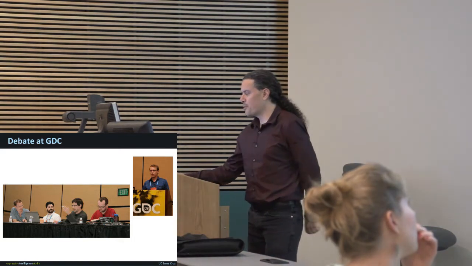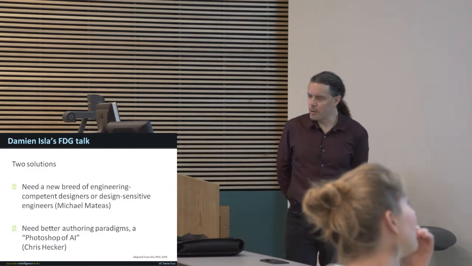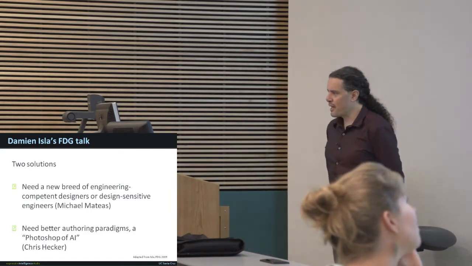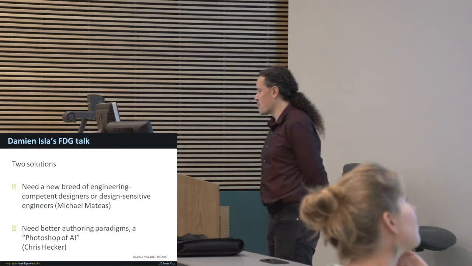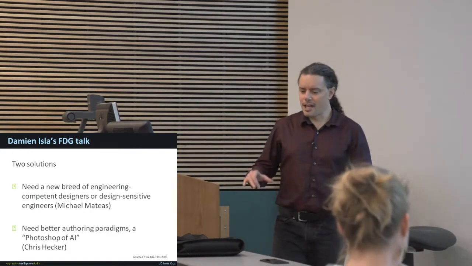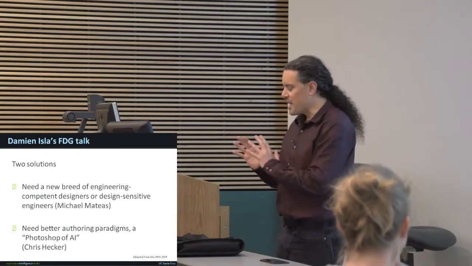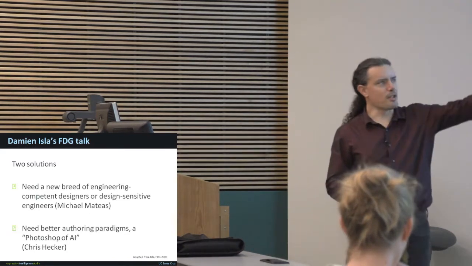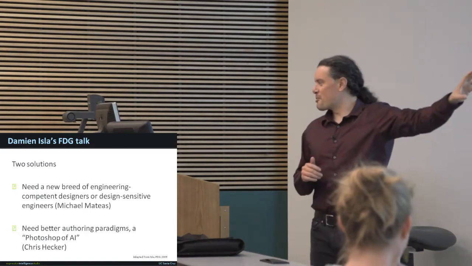This was followed up by Damian Isla, who was one of the people in that debate, at a further talk at the Foundations of Digital Games, where he posed it as this fork in the road between two divergent points of view. One he attributes to me, and one he attributes to Chris.